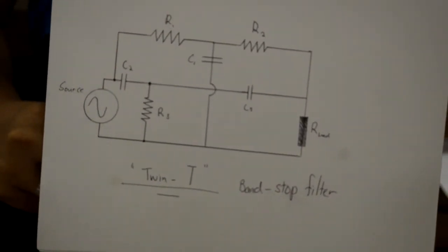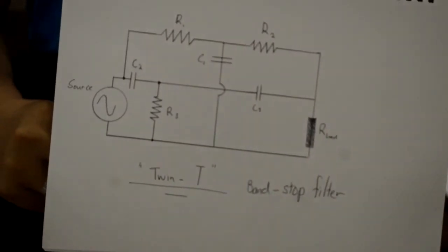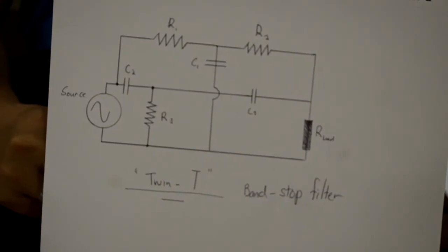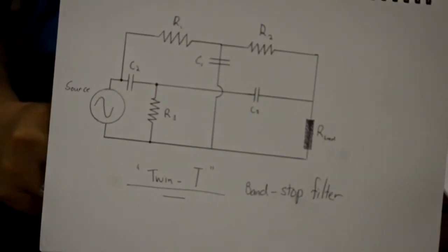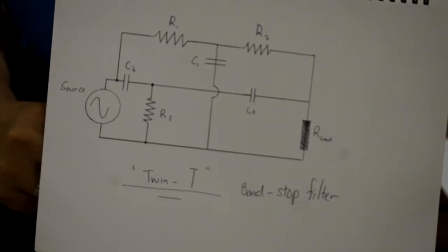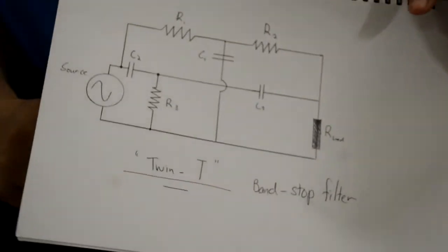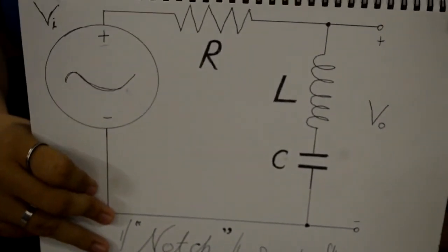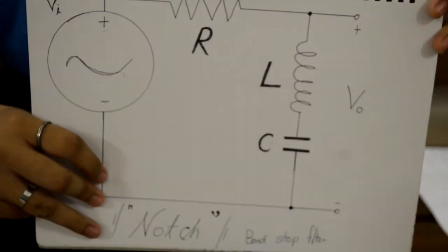The notch frequency is equal to 1 over 4 pi R3 and C3. The notch frequency is the frequency where the signal attenuates to the lowest level. Next is the notch filter. This is the simplest way a band stop circuit can be made.